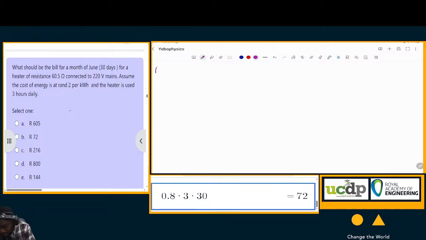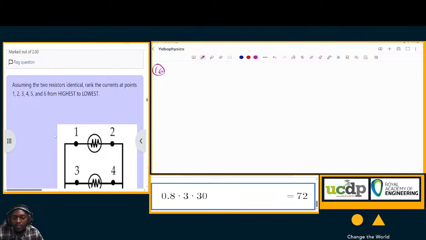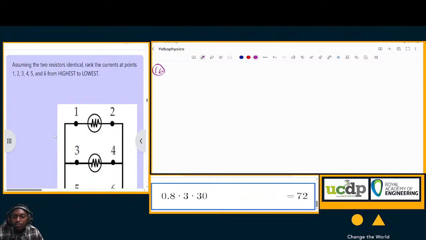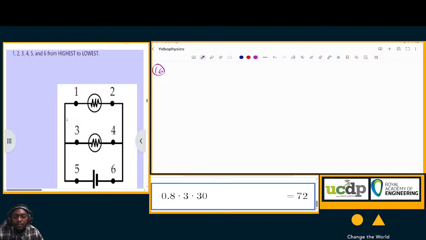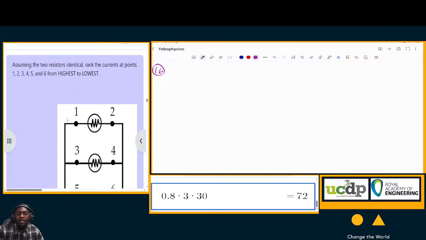So we're now on question 16. The question says, assuming the two resistors are identical, rank the currents at points 1, 2, 3, 4, 5, and 6 from highest to lowest. From highest to lowest.